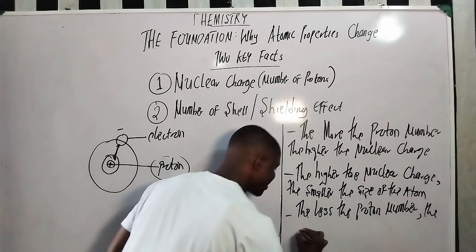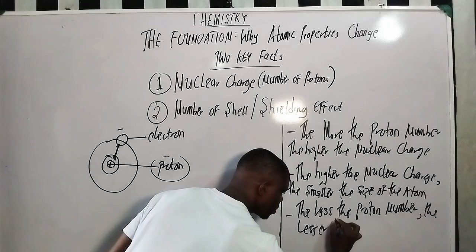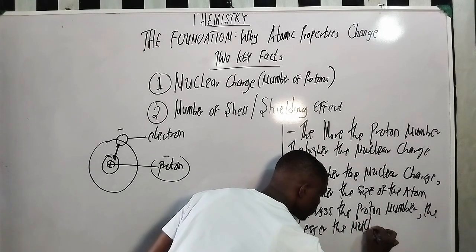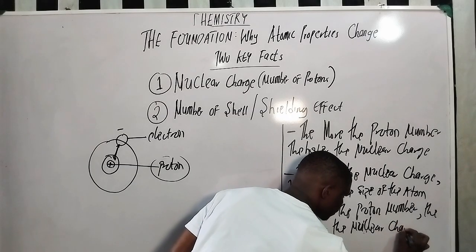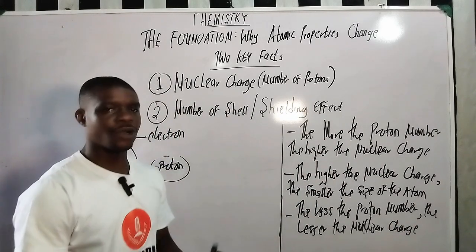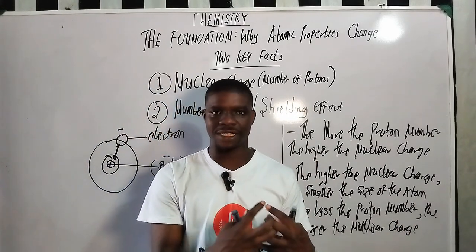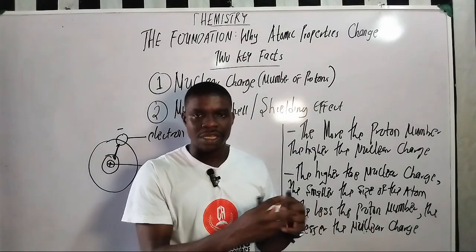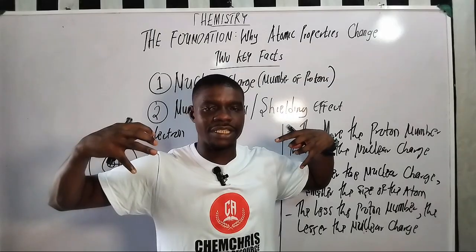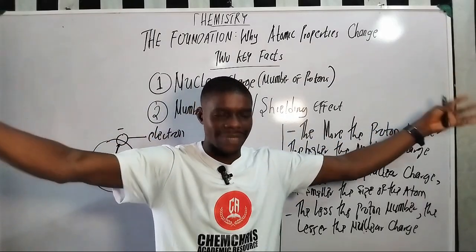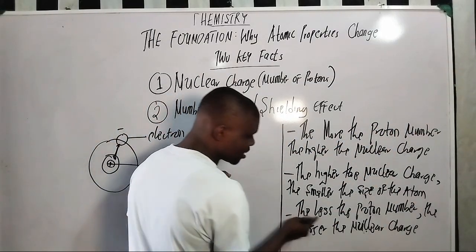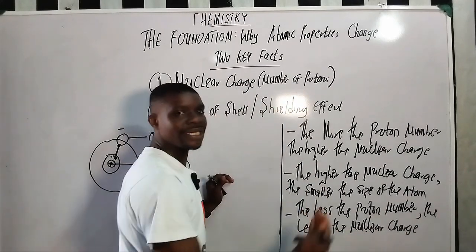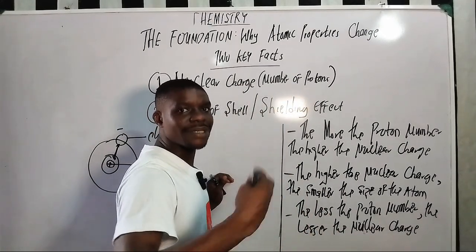And what happens if the nuclear charge reduces? The lesser the nuclear charge, the larger the size of the atom. So the less the proton number, the lesser the nuclear charge, which means the higher the atomic size.